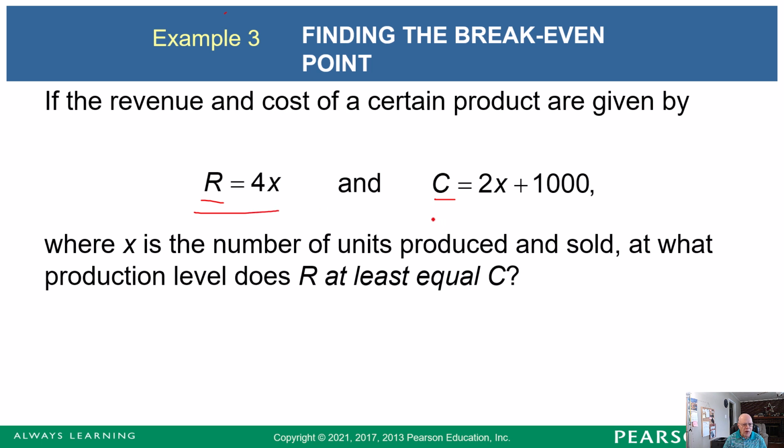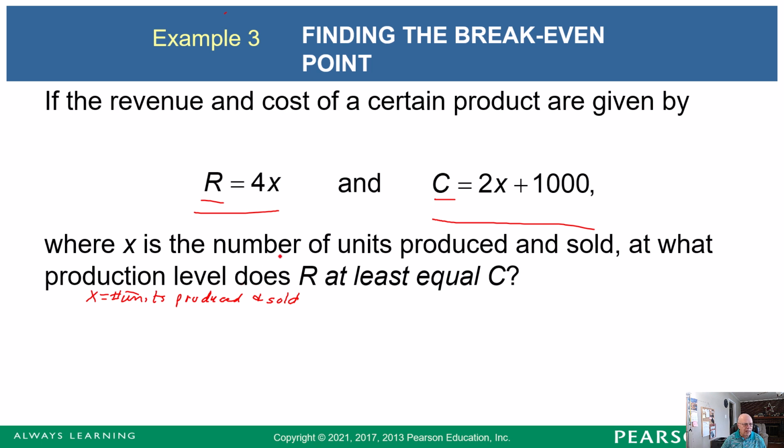There's the revenue equation, the cost equation, and x represents the number of units. So maybe we'll write that down. x equals number of units, just in case you have that in a different part of your paper or on a different piece of paper. So that's produced and sold. So you make them and you sell them.